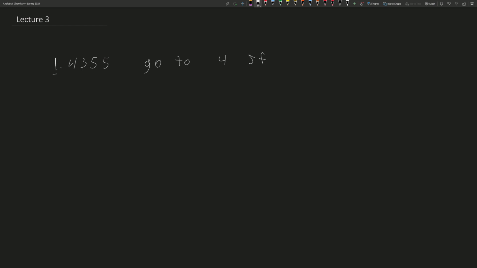We would count 1, 2, 3, 4. We would see the 5. We would see that the number to the right of the 5 is also a 5, so we would round up, and this would turn into 1.436. So we would go to a total of 4 significant figures here with the rounding.